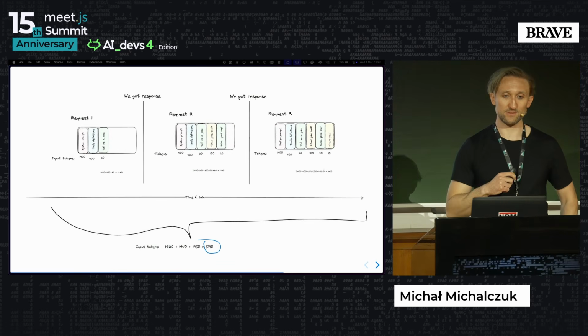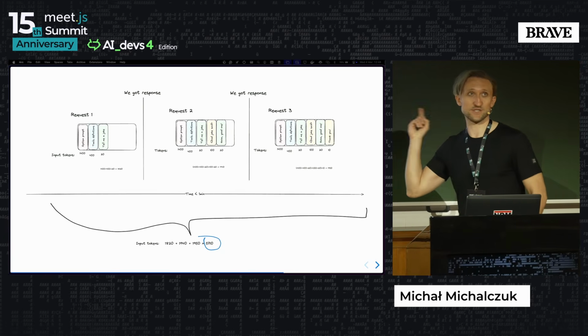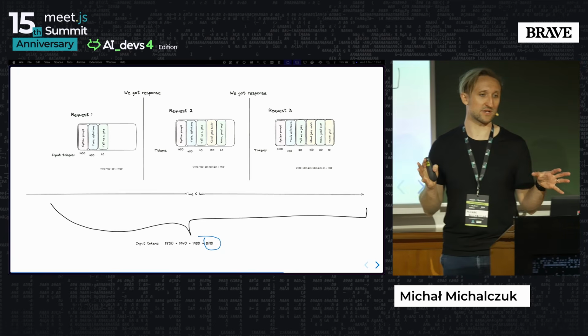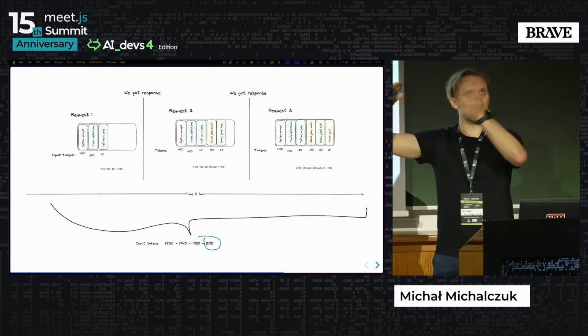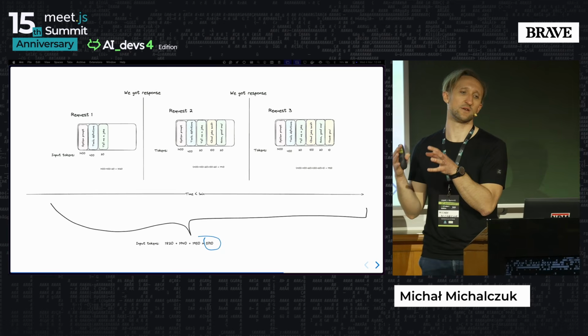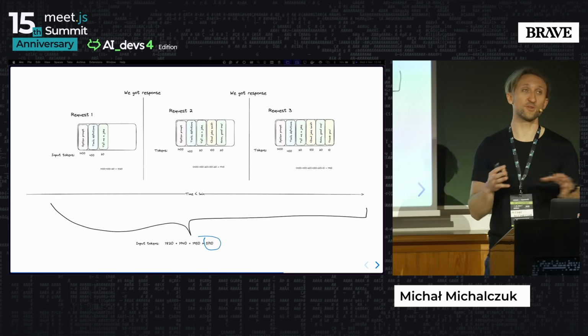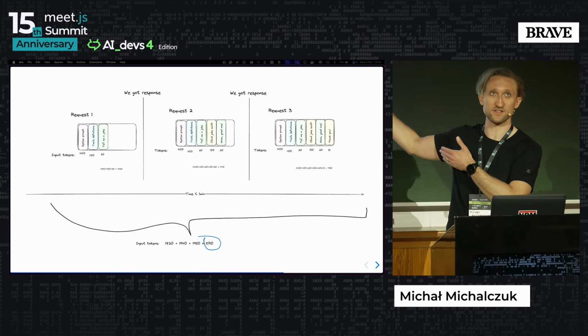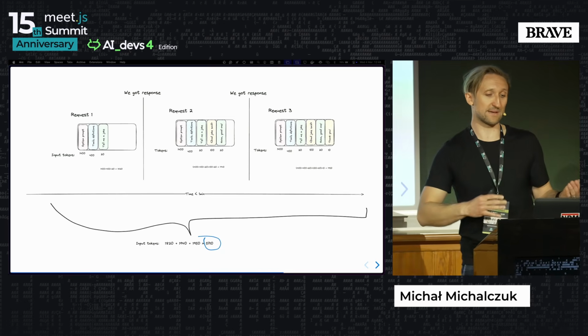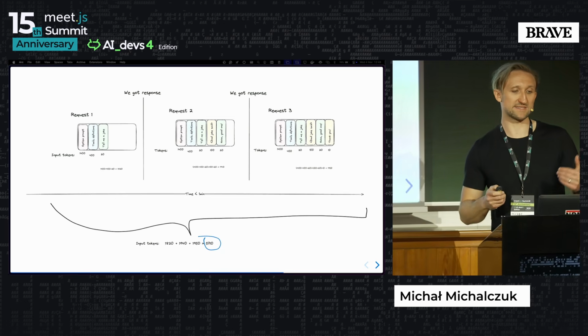So let's do the math. In a few seconds, you just sent 3 requests, each with about 2,000 input tokens, because they were accumulating the previous conversations, and you've used about 6,000 input tokens in total. Not much, but you also didn't do a lot here, right?